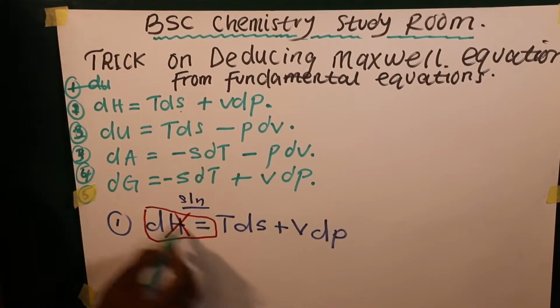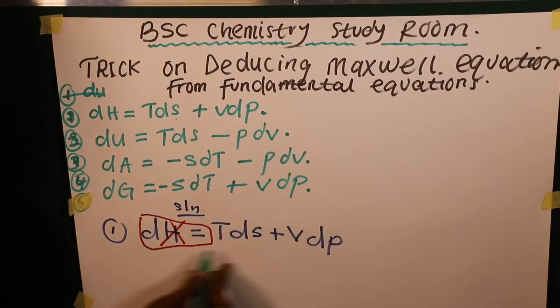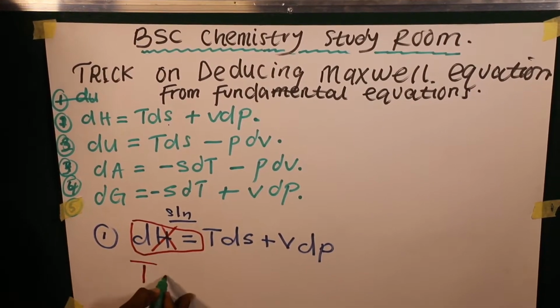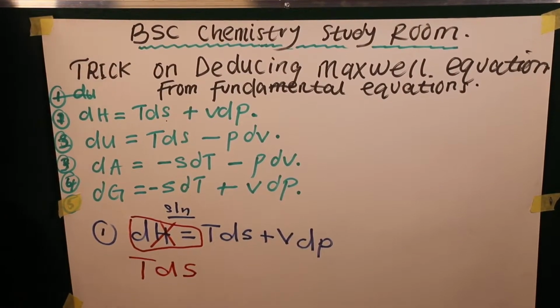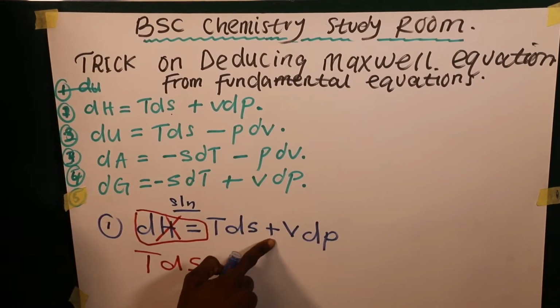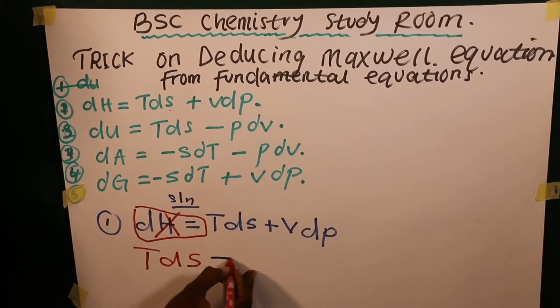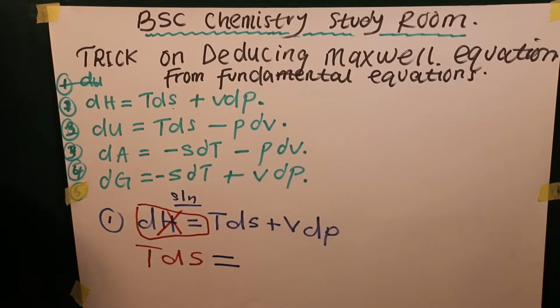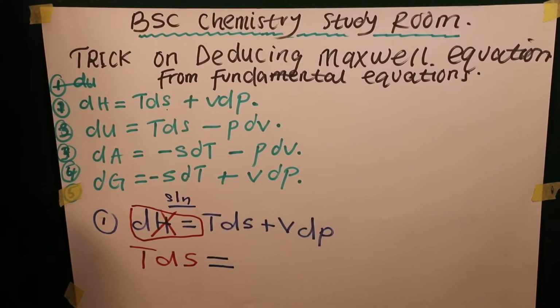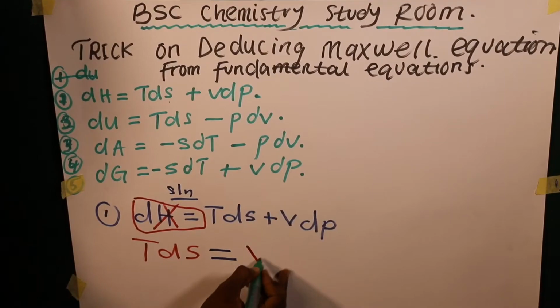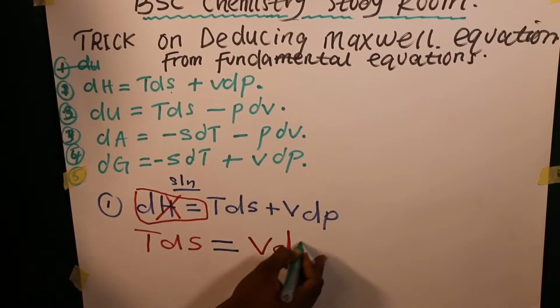Then we cross it out. That means we don't need it now in the equation. We bring down the remaining equation, TdS. So now we provide an equality sign before the plus sign. Then we put back the remaining part of the equation, VdP.